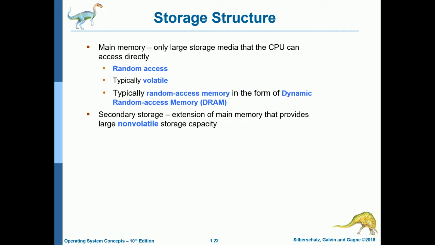It's wiped out. Now, typically, when we refer to random access memory, this is in the form of dynamic random access memory, or DRAM. Your secondary storage is more or less an extension of your main memory that provides a lot of storage that is non-volatile. So when you turn off your system, you don't lose that information.